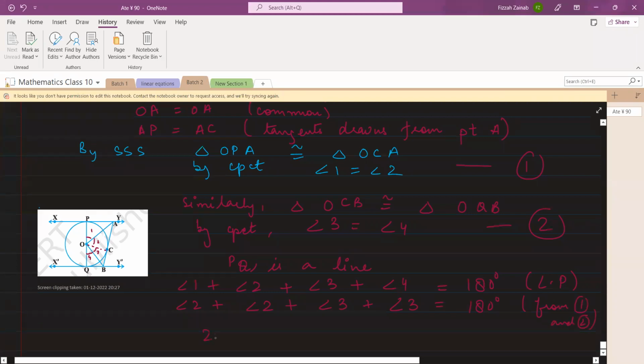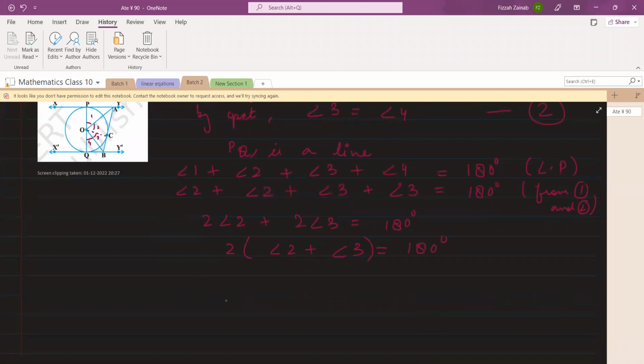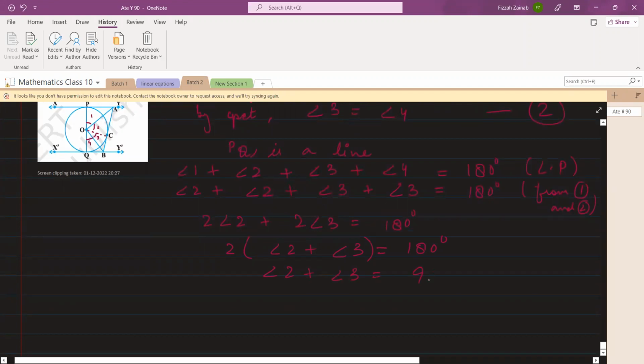So that means twice angle 2 plus twice angle 3 is 180 degrees. So I can take 2 common: angle 2 plus angle 3 is 90 degrees. Now what is angle 2 plus angle 3? This is angle AOB, which is 90 degrees.